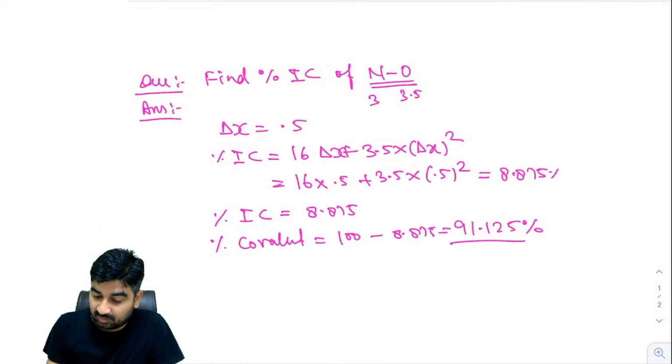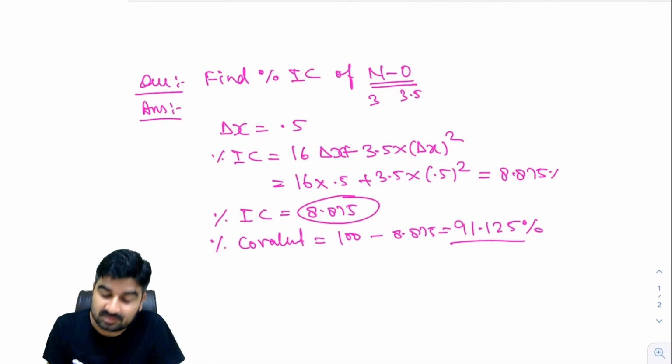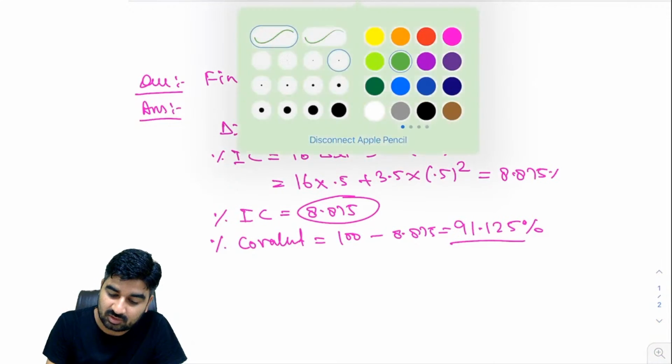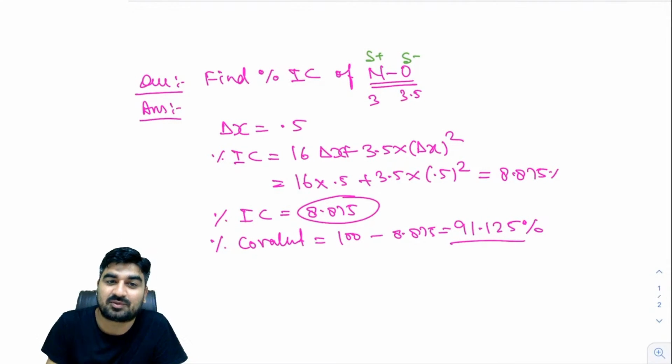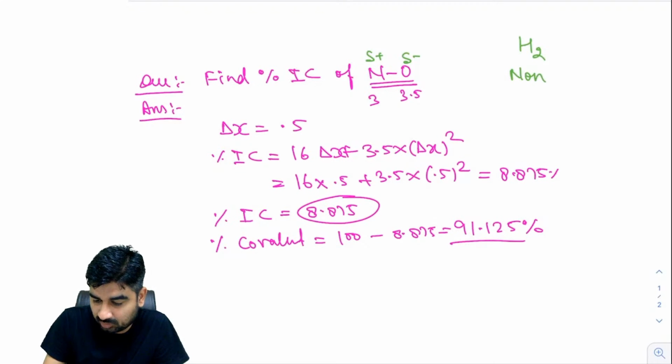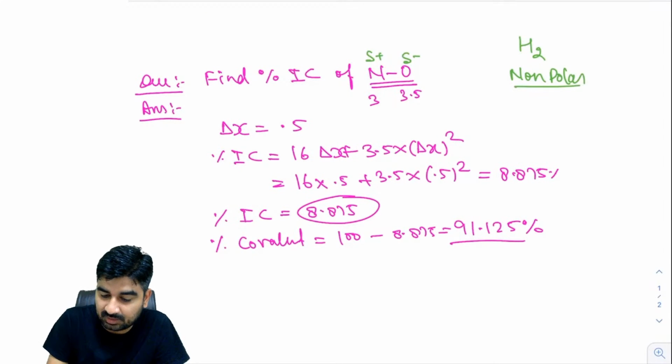Here it is partly ionic. So here I can also say this is delta negative, this is delta positive, not one positive or one minus, but delta, partially. And you know why I'm saying it. In case of hydrogen, I will call it non-polar, but this compound is polar.